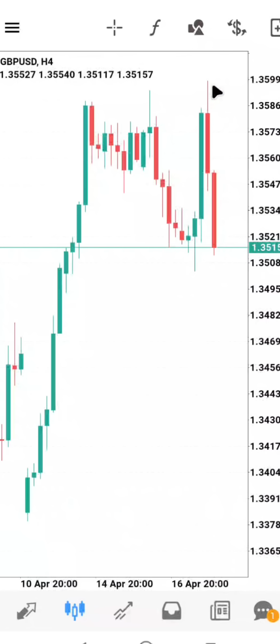Now, the length of a wick tells you also another story, because in this case, where you have the bulls moving the market up to this point and then losing it all to the bears, it tells you that there is so much bearish pressure right here, that the bears within this zone are aggressive.